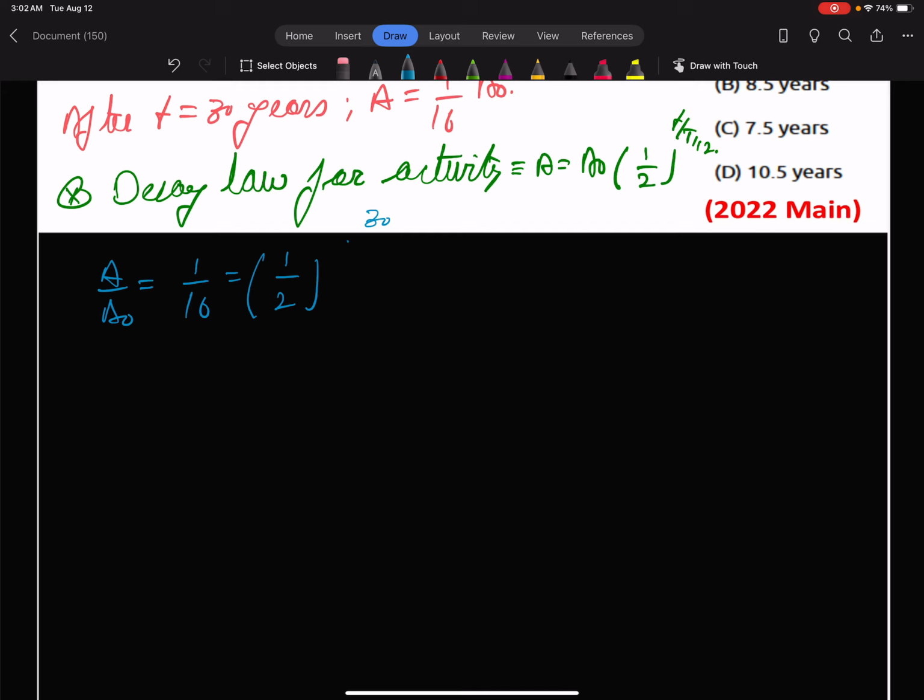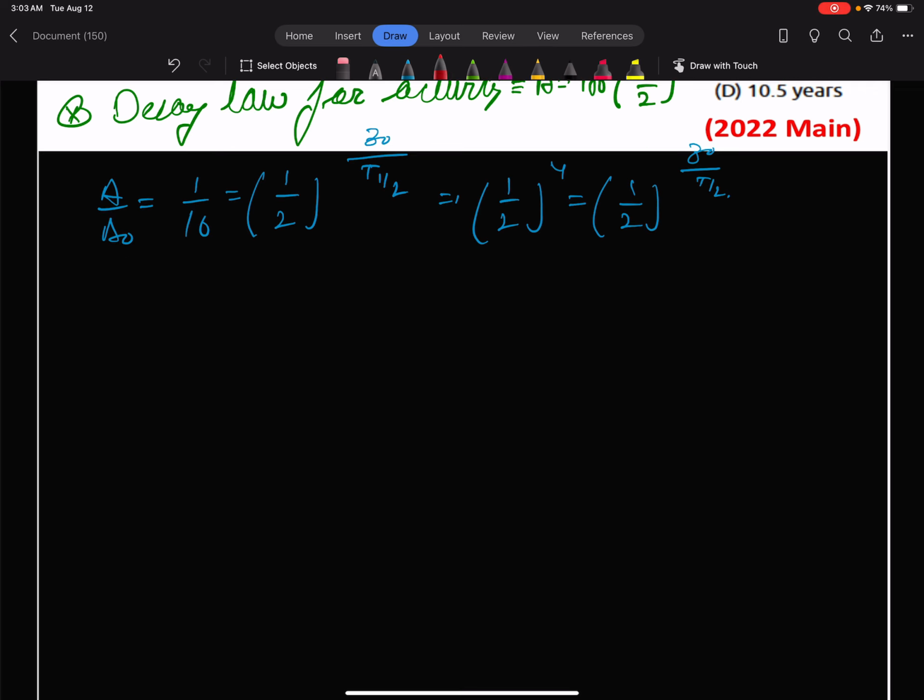This becomes 30 upon T half, and this can be written as (1/2) whole raised to power 4 is equal to (1/2) to the power 30 upon T half.